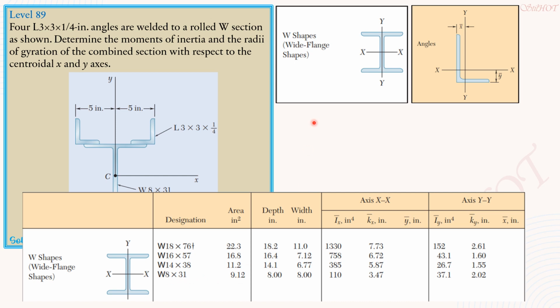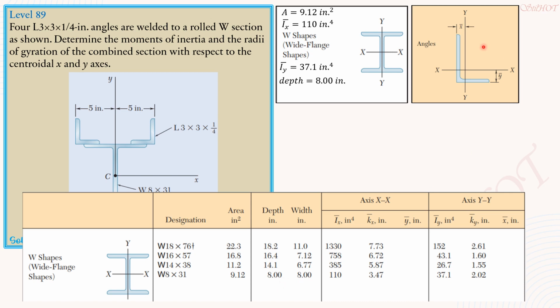So let's put here the necessary data. Area 9.12, then the depth 8 inches, the moment of inertia with respect to the centroidal axis 110, that's needed also. Then I bar y is also needed, 37.1, and the depth of 8 inches.